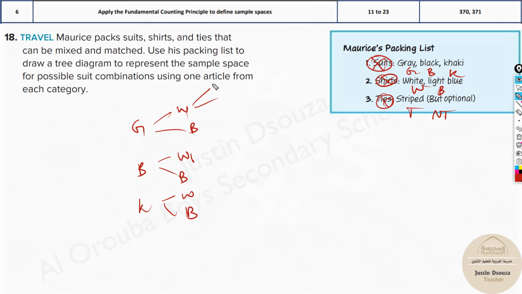Over here there is again 2 options, tie, no tie, for each. Again we have tie, no tie, and lastly tie and no tie. Now this is a rough tree diagram. Over here if you see, GWT is one possible outcome. Then there is GWNT, GBT, GBNT. So these are all the possibilities, okay?